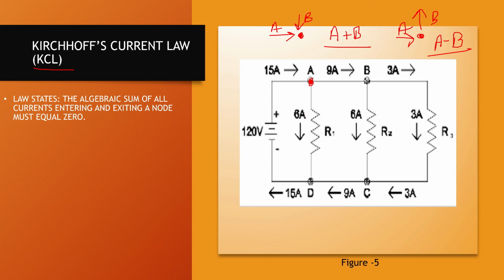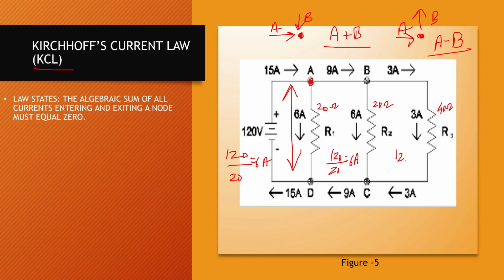So now how do we have the 6 ampere, 6 ampere and 3 amperes? If you remember, this was 20 ohms, this was 20 ohms, and this was 40 ohms. We apply Ohm's law. So you have 120 divided by 20, which is 6 amps. Similarly, 120 divided by 20, which is 6 amps.